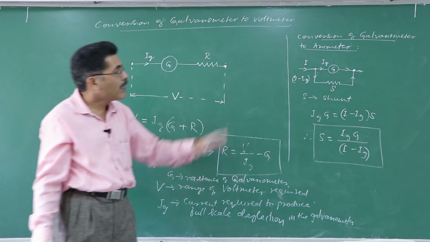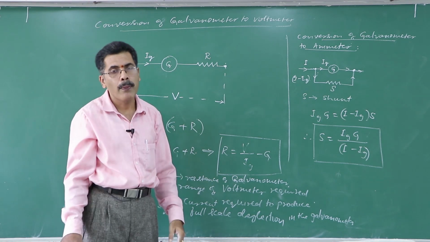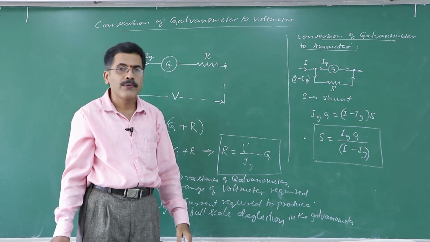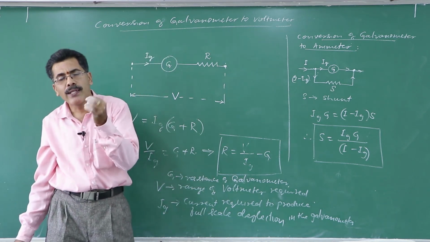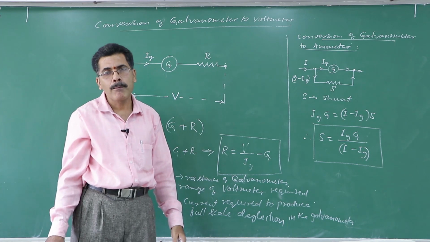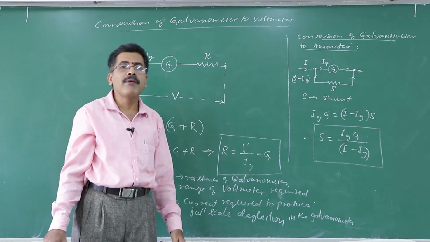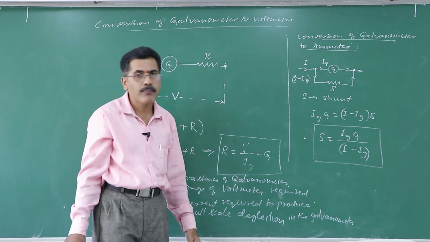This is about conversion of a galvanometer to an ammeter. What is an ammeter? An ammeter is a device which is used to measure current, or generally the strength of current flowing in the circuit. An ideal ammeter is one which has practically zero resistance.